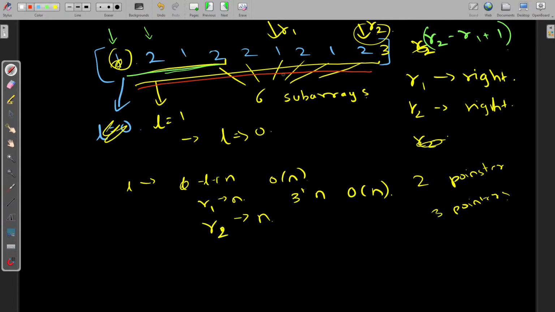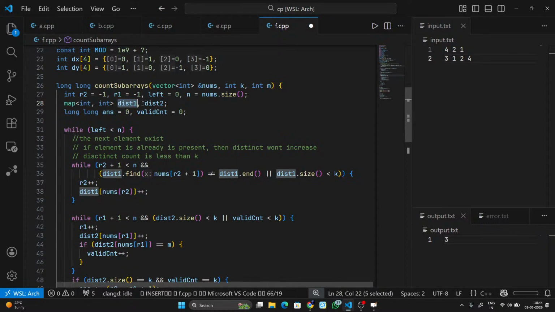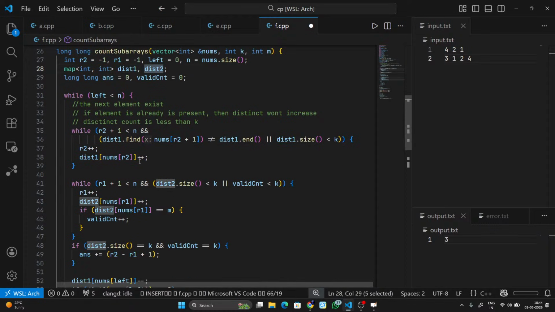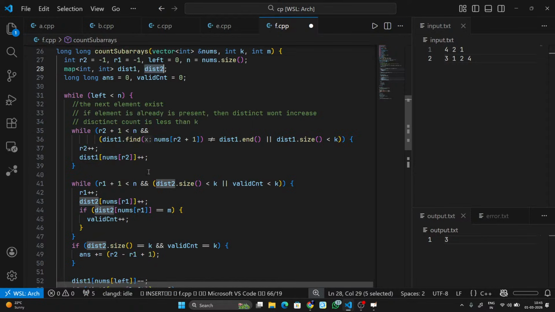So we need to maintain the frequencies for two different ranges. If we have to maintain something for two different ranges, we would obviously go with two different maps. You cannot store data or aggregates for two different ranges in a single map, right? So that's why I have used two different maps.